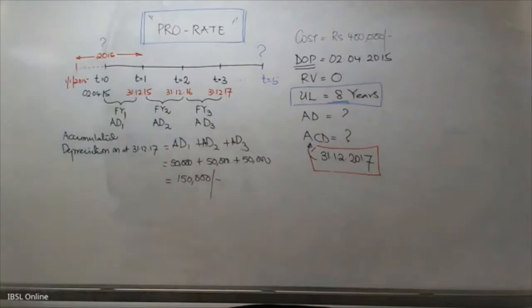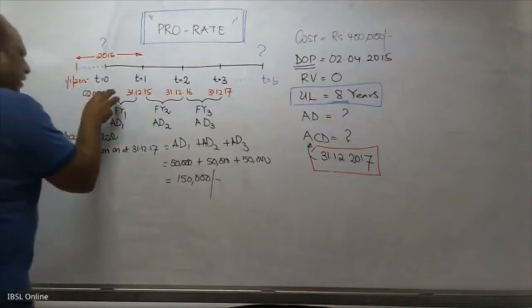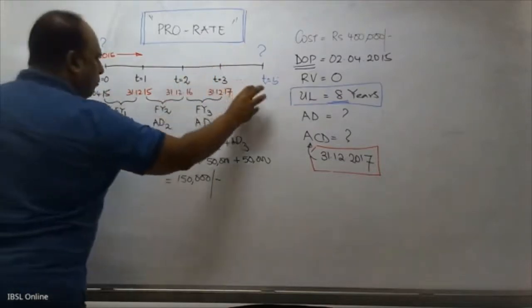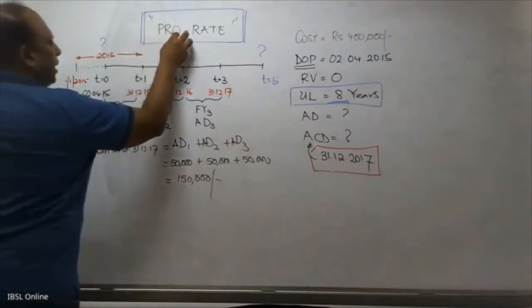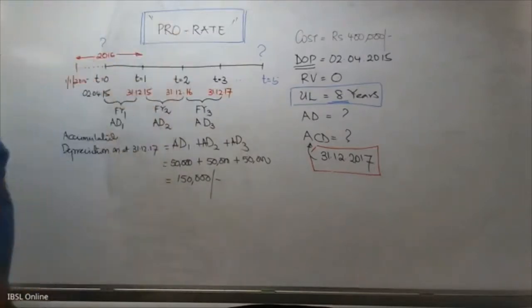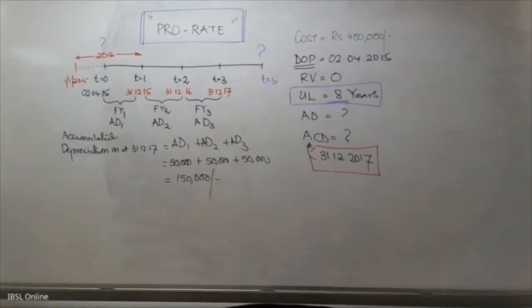You have to remember. Even in exam questions, you have to read the question very carefully. If the policy doesn't talk about how you will depreciate for the year of purchase and for the year of disposal, then you have to assume I will calculate it on prorate basis. That is an assumption that you have to make.